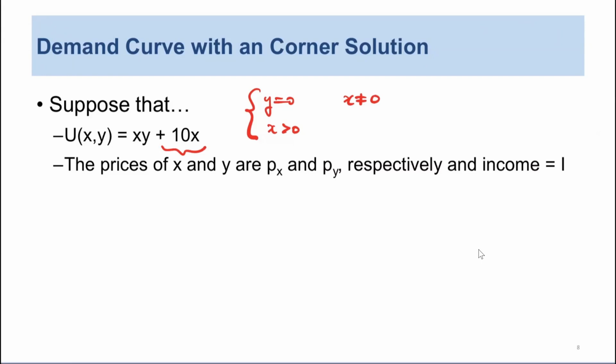And given that we may have a corner solution at the utility maximization point, especially for y, we're going to make use of the following equations that we already discussed before.